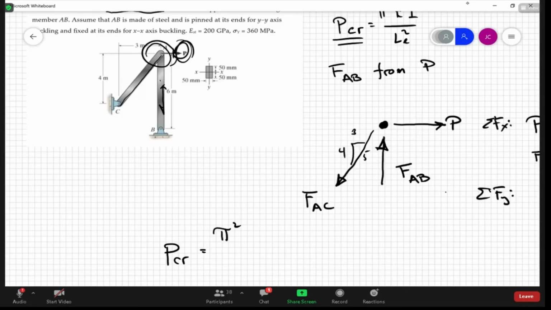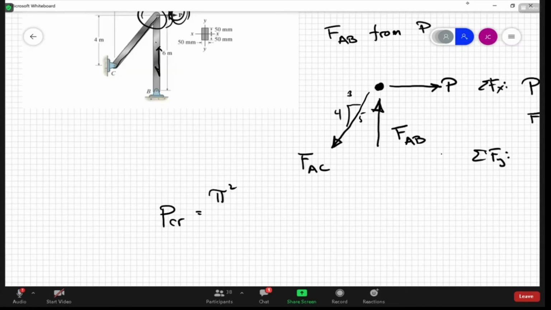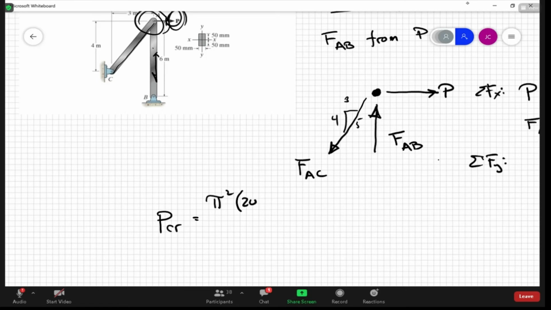They give you 200 GPa, so E is 200 times 10 to the 9th pascals. We can figure out I from this shape: I is going to equal pi over 64.